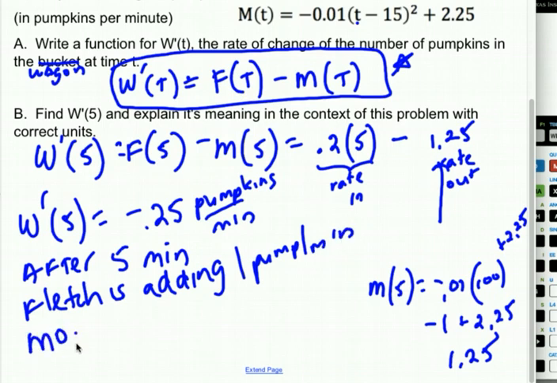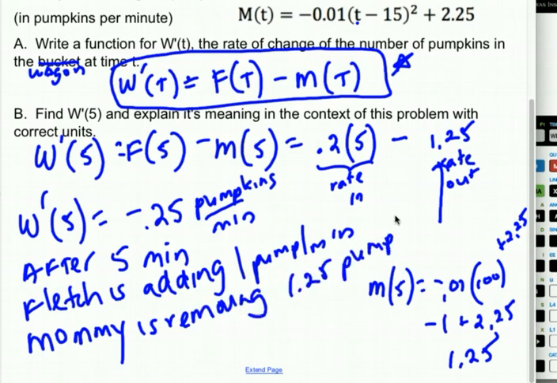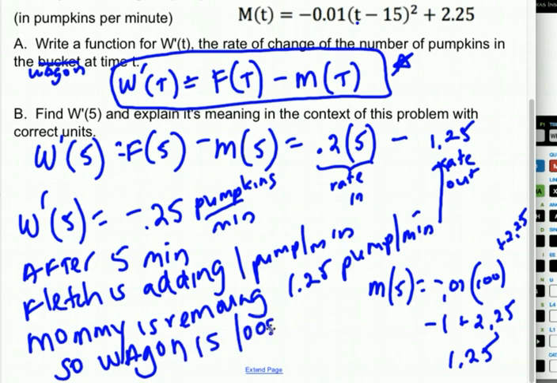Mommy is removing 1.25 pumpkins per minute. So the wagon is losing about 0.25 pumpkins per minute.